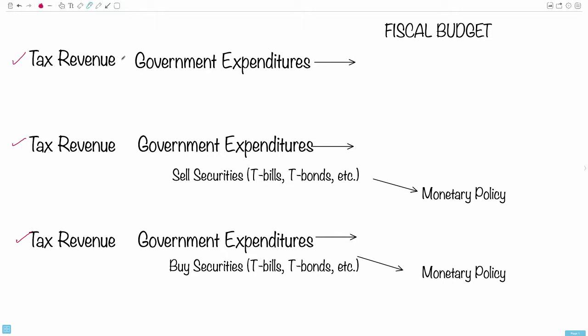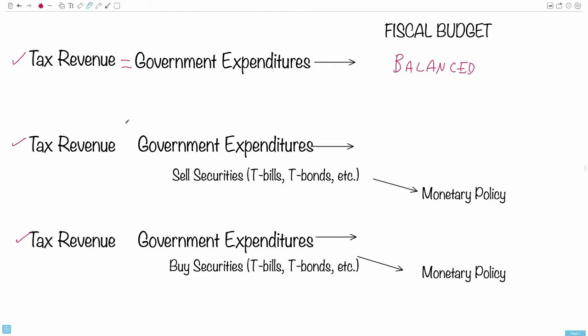When the tax revenue collected by the federal government is exactly the same as government expenditures, that means the government is not spending more, it's not spending less, it's spending exactly the same amount it collects as tax revenue, we say that the fiscal budget is balanced, right? Now, this doesn't happen very often, at least it has not happened often in recent years, but it's possible, and of course it has happened many times in the past.